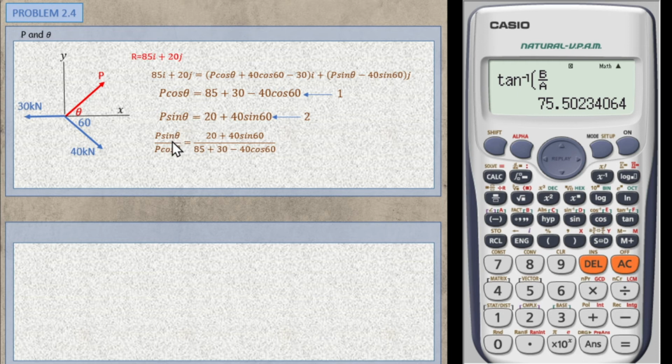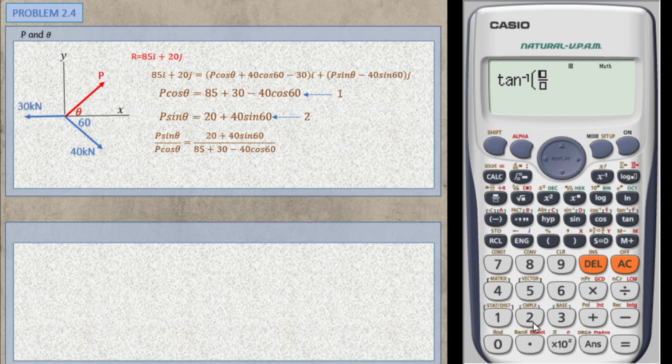So P sine theta over P cosine theta equals (20 plus 40 sine 60) over (85 plus 30 minus 40 cosine 60). And there, you will notice that sine theta over cosine theta is equivalent to tangent theta. So by just computing using our calculator, it is shift tangent. P will cancel here.